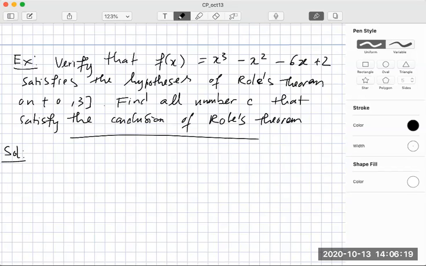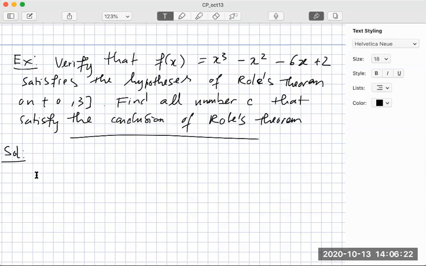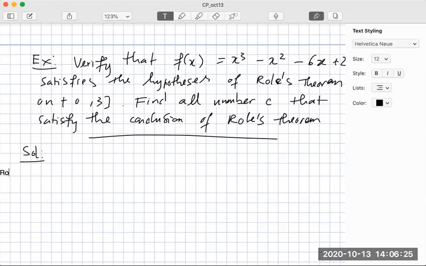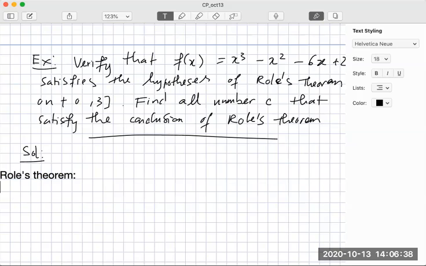So the Rolle's theorem hypothesis is that, first, f should be continuous on the closed interval from a to b. In this case, we are given that, okay, from 0 to 3, right?